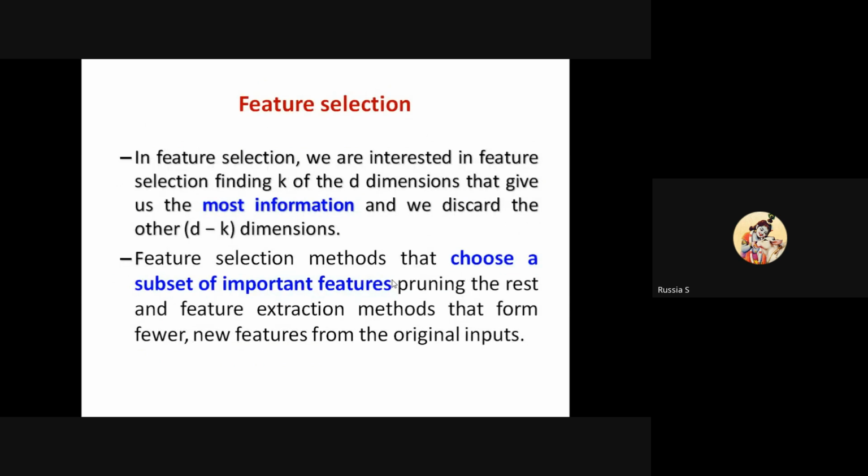Feature selection means we are interested in finding K of D dimensions that give us the most information, and we discard the other D minus K. We discussed in the student database, the mail ID, Aadhaar number, name, even gender and phone number will not give more information, that is academic or study information regarding the particular students.